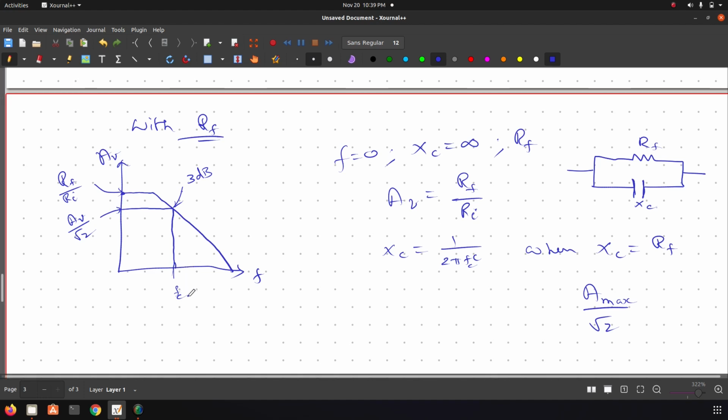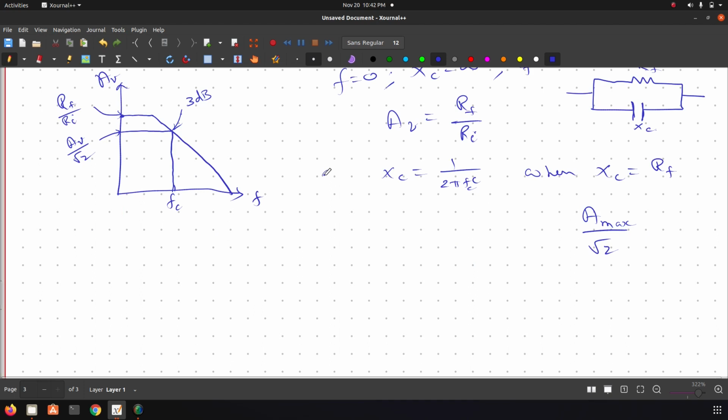So at f equal to fc, our XC equals 1 by 2 pi fc times CF. This is the feedback capacitor. So what's the value of this fc?